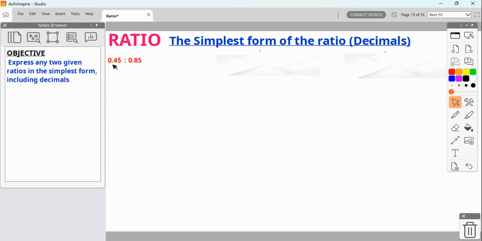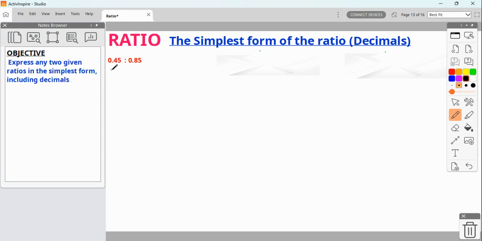0.45 is a decimal number and 0.85 is also a decimal number because both include a point. So in the first step, I'm going to convert them into fractions. Before the point only 0 is written, so we can ignore it.